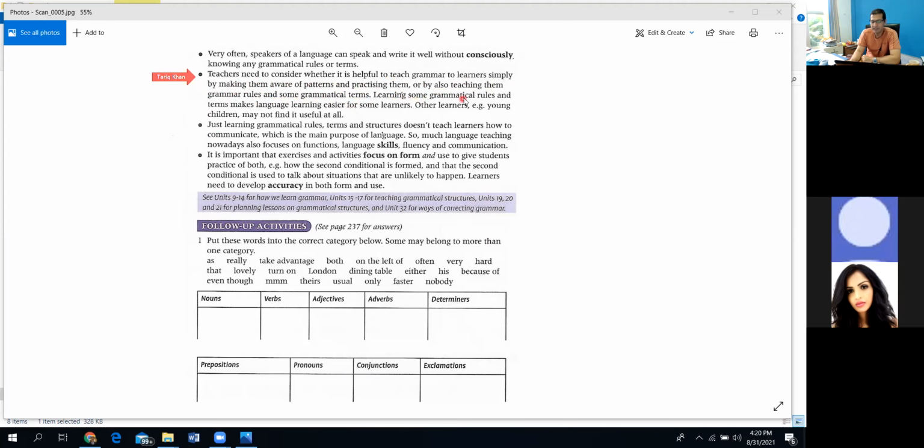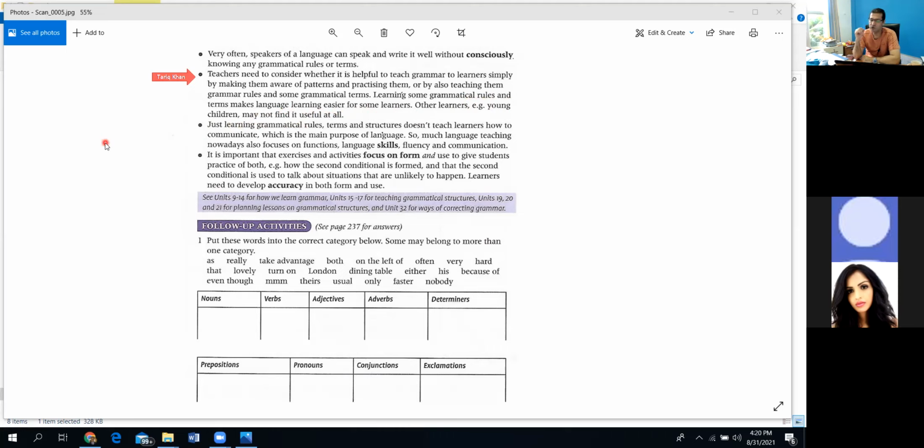Learning some grammatical rules and terms makes language learning easier for some learners. Other learners, for example young children, may not find it useful at all. The point here is, when you are teaching grammar rules to young learners, you need to keep it simple.